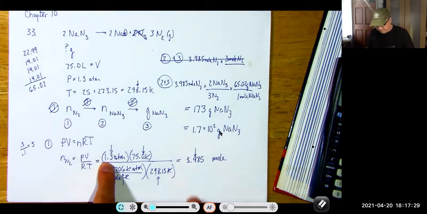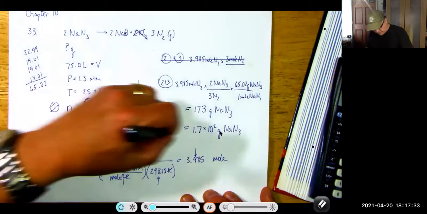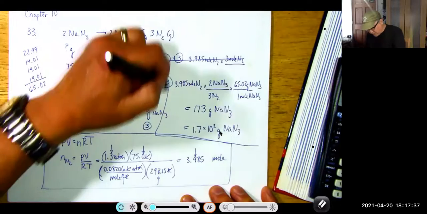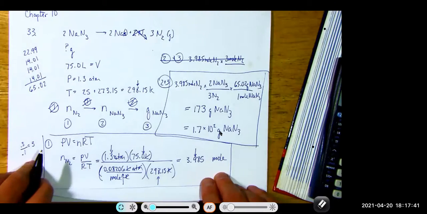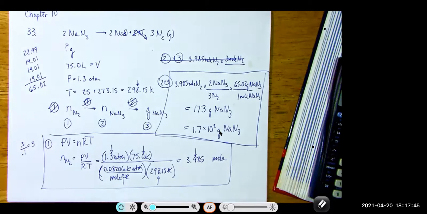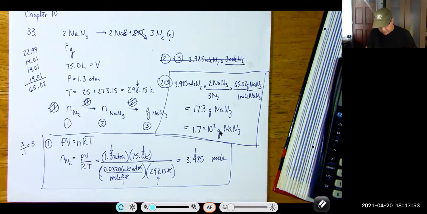Right. So I would expect to see this work on your exam, if this were an exam question. Okay. And even though the 1.3 is not used when we use the stoichiometry, we still use that as our significant figure. Yeah, because it carries through.